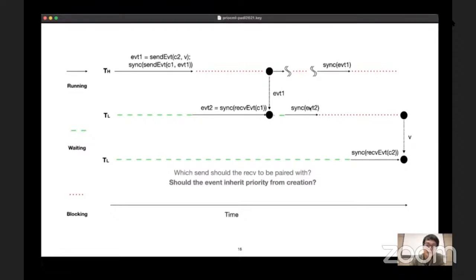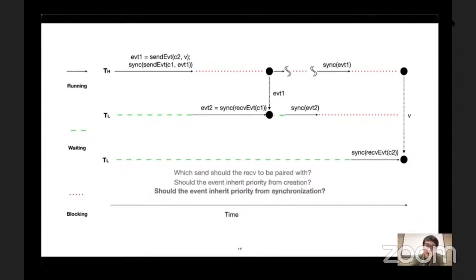However, this EVT2 gets synchronized before EVT1. As a result, we should be pairing this EVT2 with this receive event. And another option is, should the event priority be inherited from the synchronization?